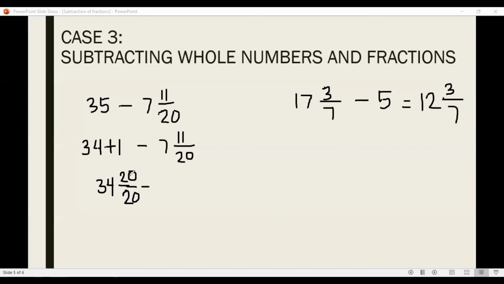Again, 20 over 20 is equal to 1. 1 plus 34 is 35. We did not change the value of 35. We just rename it in terms of a mixed number. So we have now, you just have to copy this, 7 and 11 over 20.